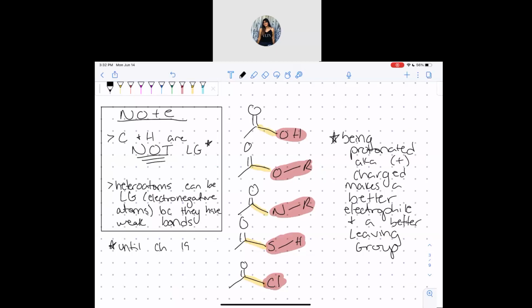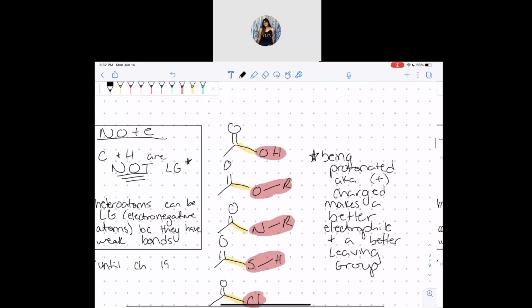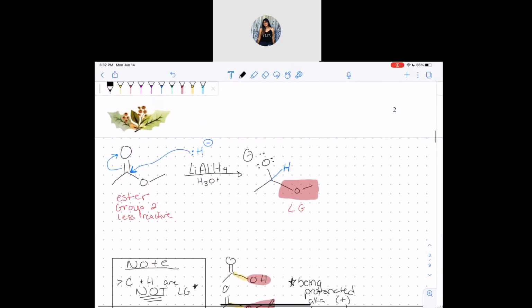Okay, so someone asked a pretty great question. What do you call the molecules that are actually being oxidized or reduced? Are they substrates or what are they? I don't think there's a specific name for it.